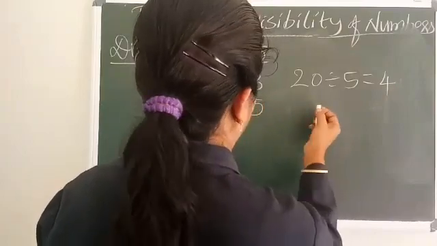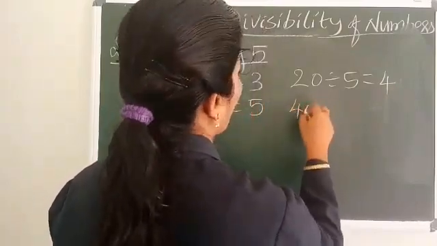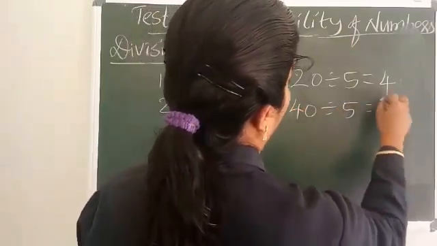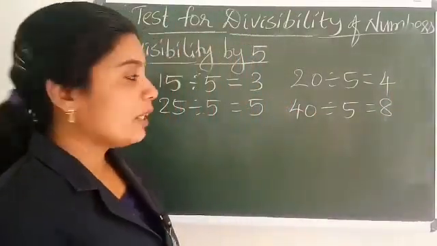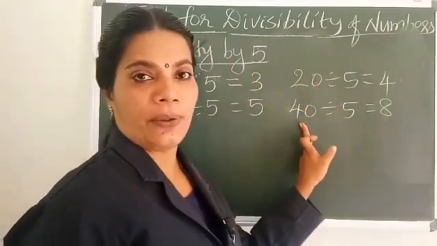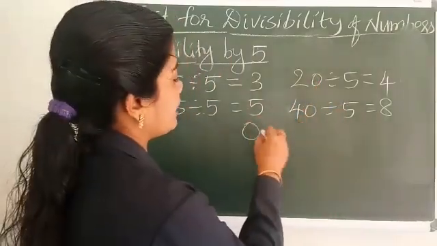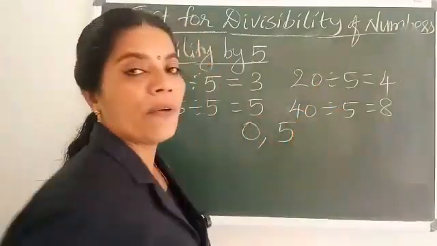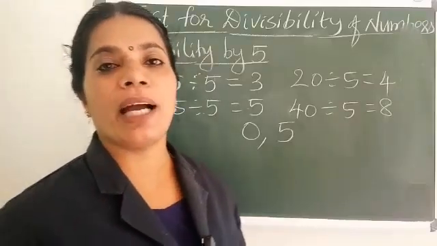Then next, 40 divided by 5, we get 8. That is, if a number ends with the digit 5 or 0, if a number ends with either 0 or 5, it is divisible by 5.